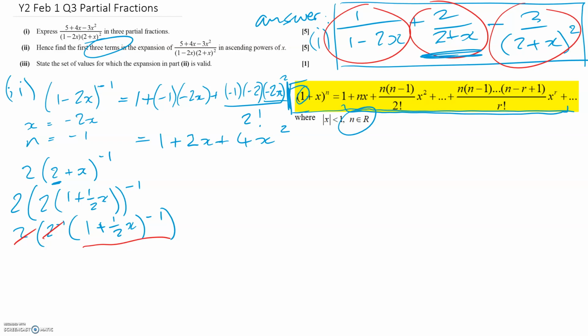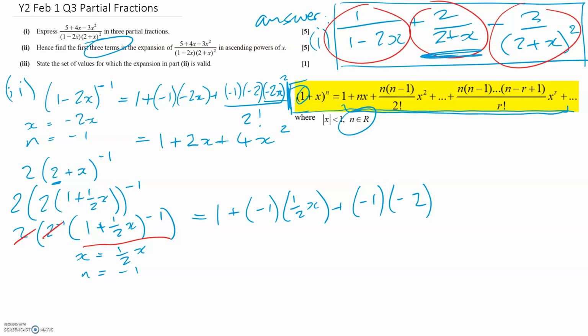If we do that, we replace x with a half x in the formula, we replace n with minus 1, and we're going to get 1 plus minus 1 times by a half x plus minus 1 times by minus 2 times by a half x all squared all over 2 factorial, which is just 2.